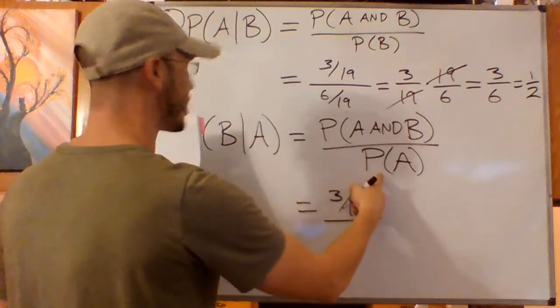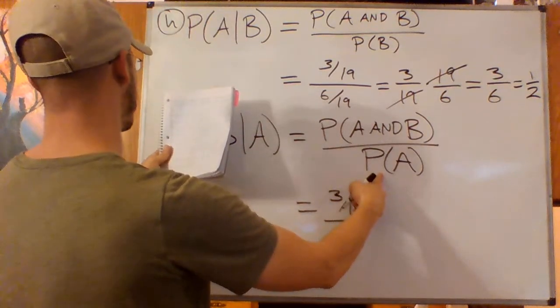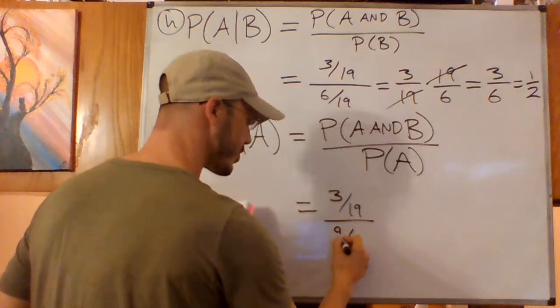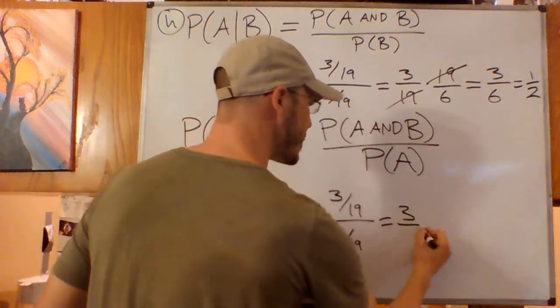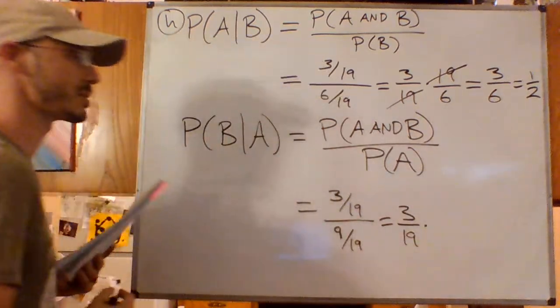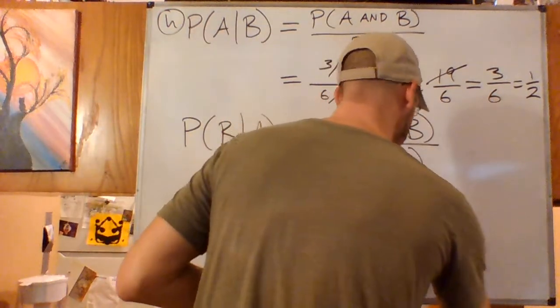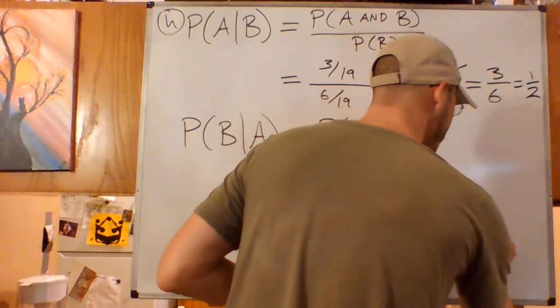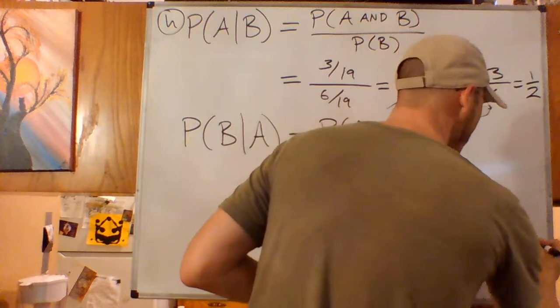Probability of A was 9/19. So that's 3/19 times 19/9. 19s cancel and I get 3/9, or 1/3.